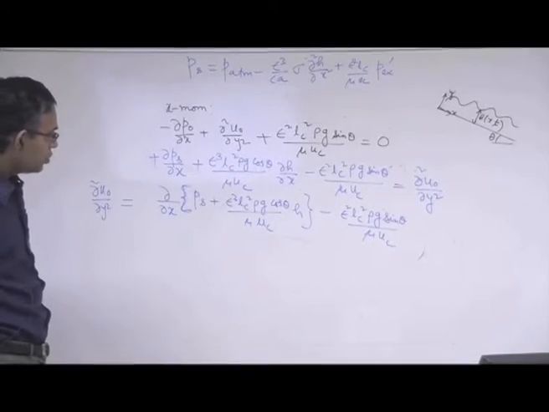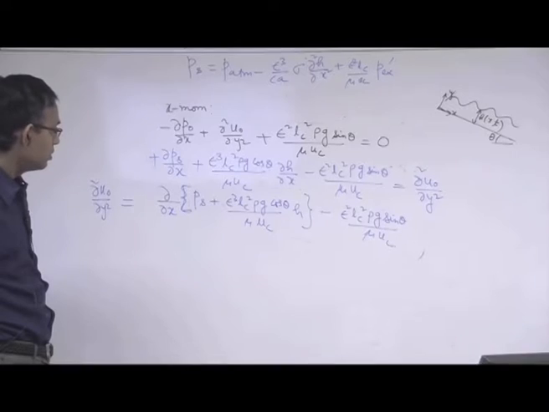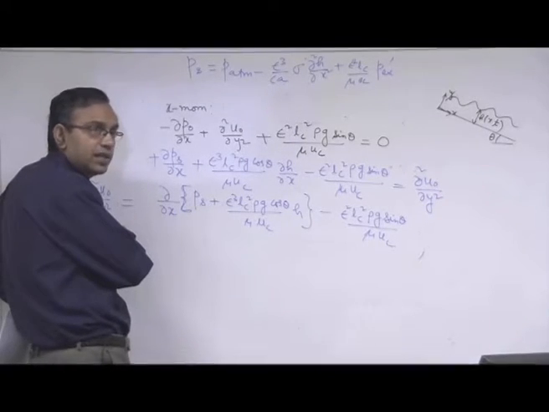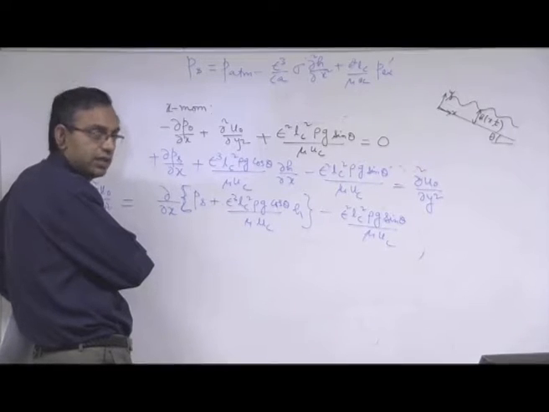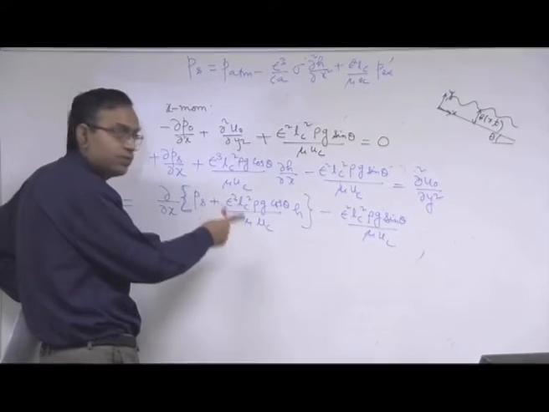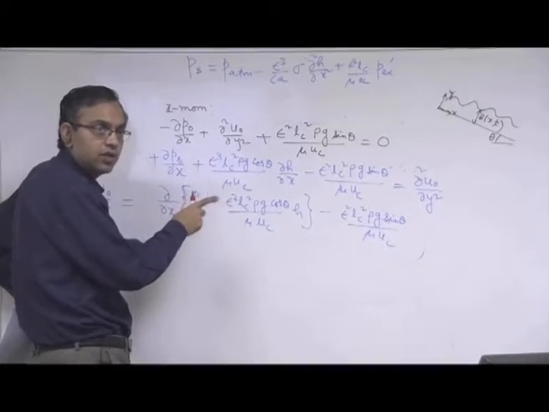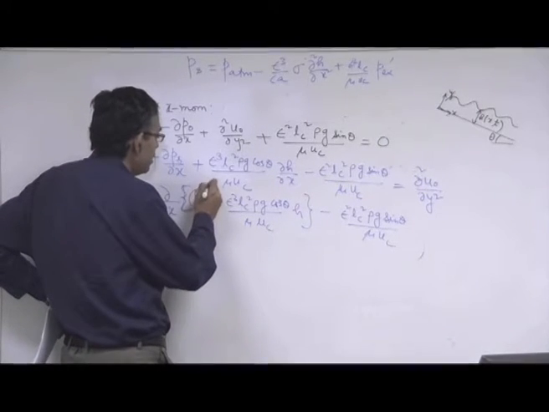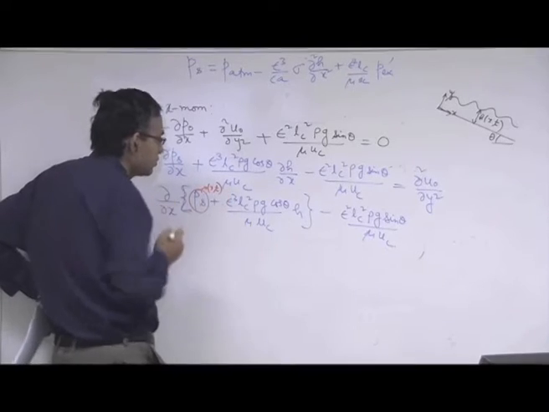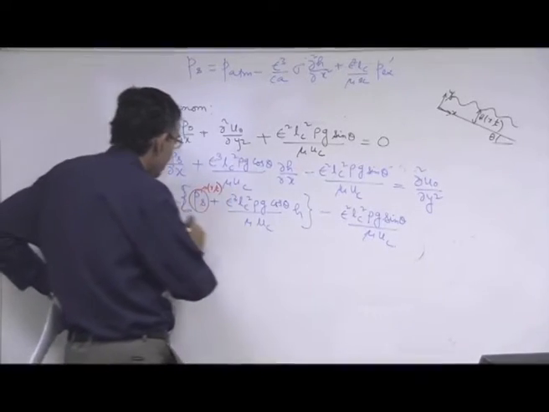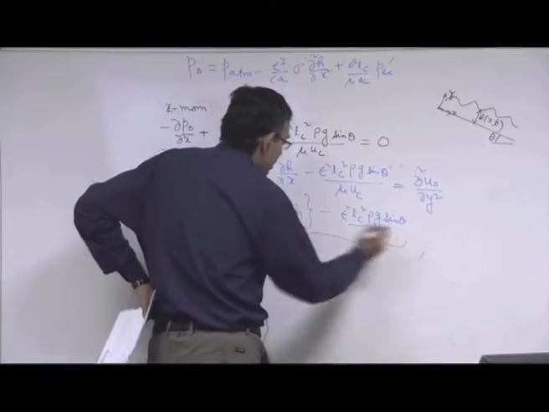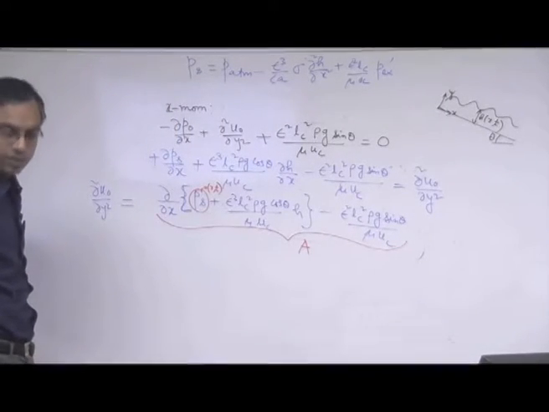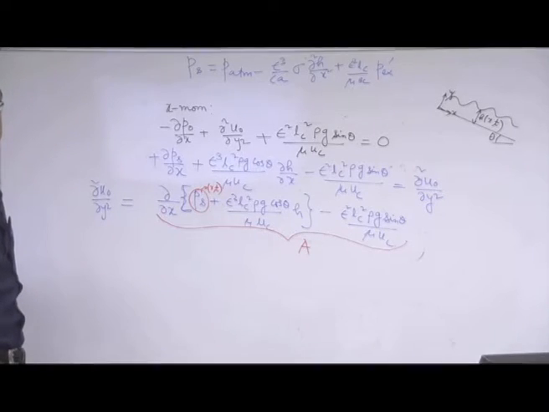So the shorthand notation, see the right hand side with respect to integration with respect to y is a constant, because the right hand side is a function of x and t, but not y. So this entire thing let us call it capital A just for ease in writing.